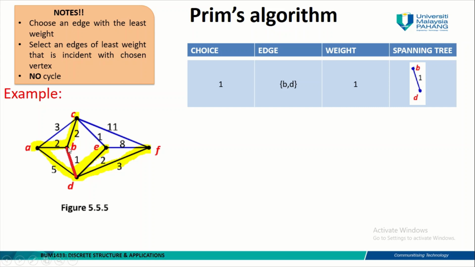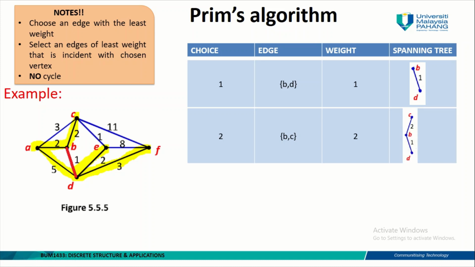We have three edges with the least weight 2, so we can choose either one. Let's say I choose B to C. So for our second choice, I choose B to C with the weight 2, and we draw our spanning tree here.